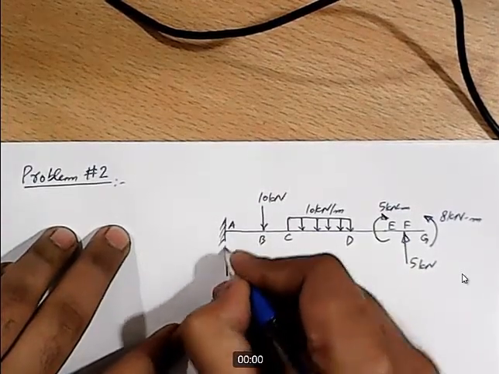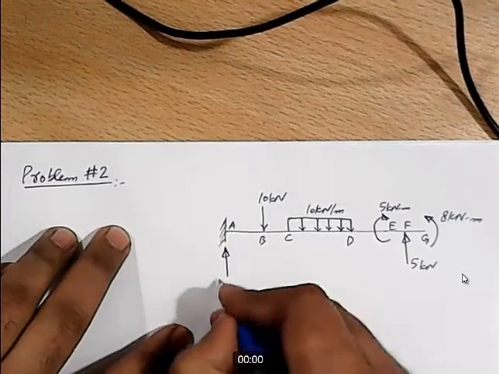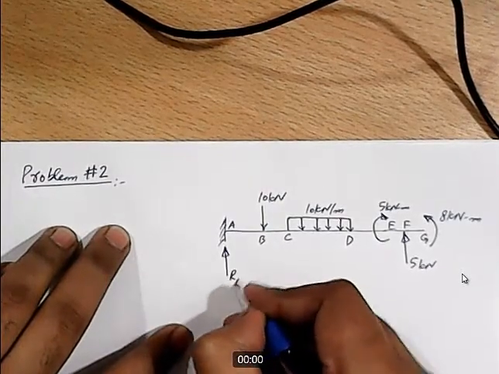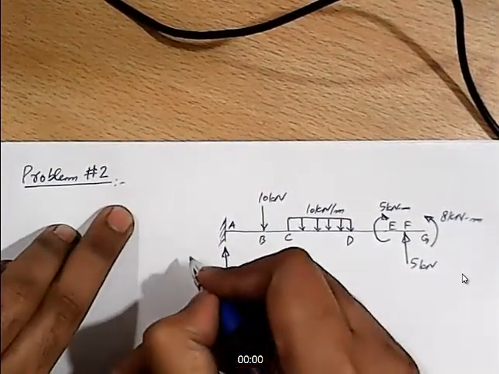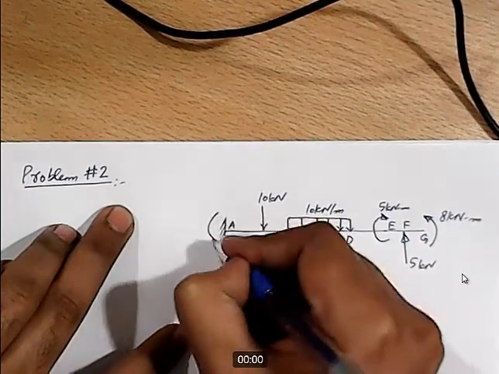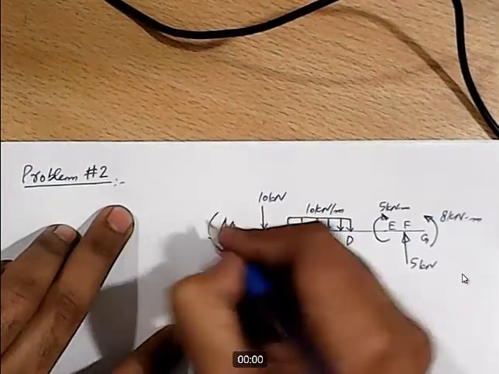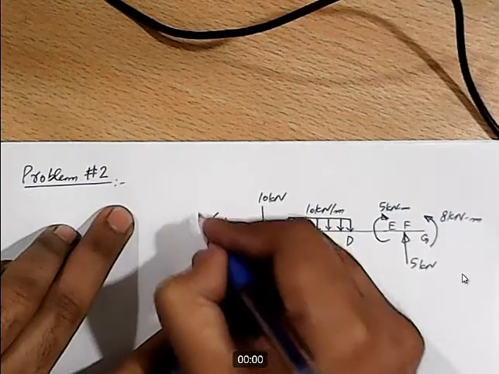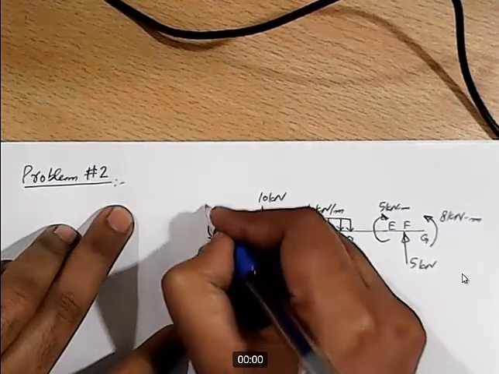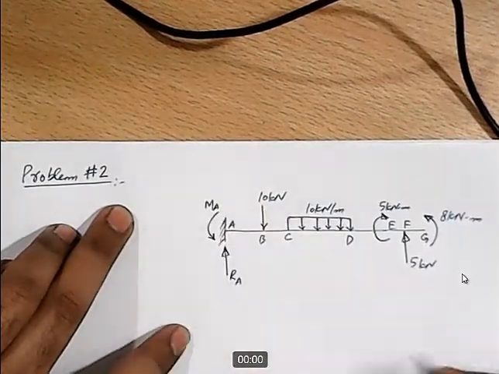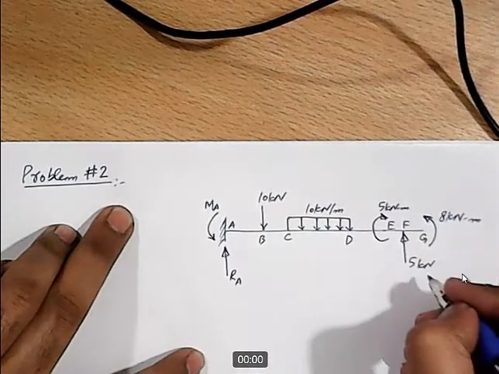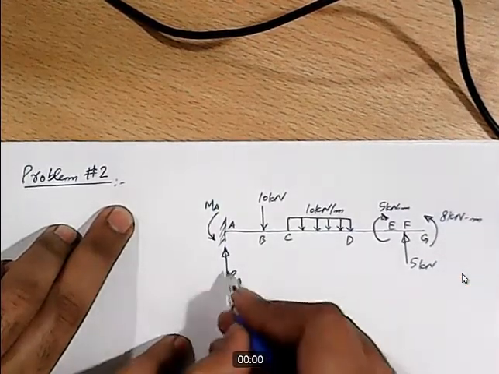There will be one reaction in the vertical direction, let's call that RA, and there will be one moment. We can just assume that reactive moment to be in counterclockwise direction, and we can call that MA. Okay, let me mark the distances now.